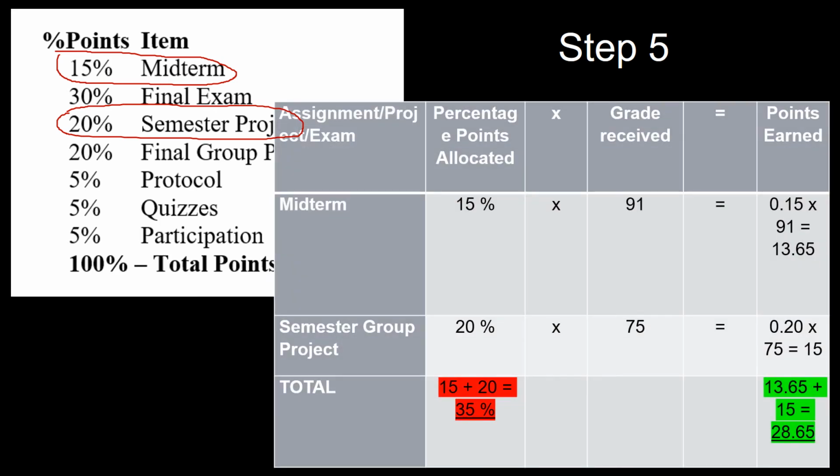And remember that we calculated here in this grid the different percentage points. 35% is our percentage points allocated, and then 28% is the points that we have earned out of the 35.